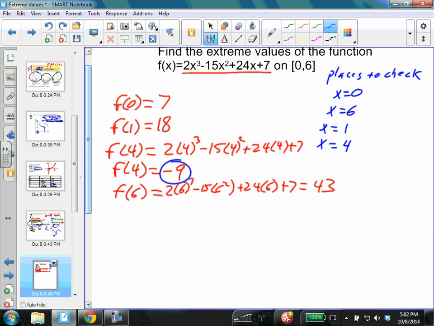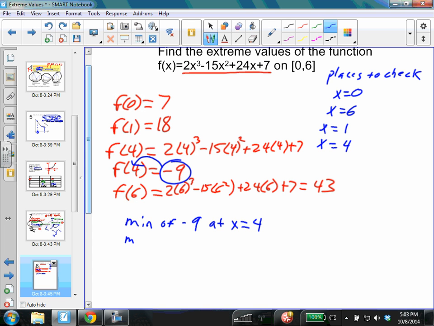There is a min of -9, and it's at x equals 4. That's our smallest one, so that's our minimum value.